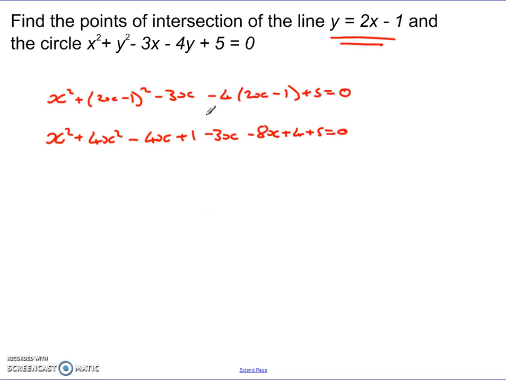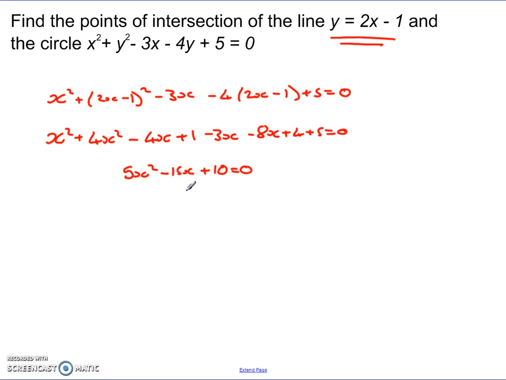Get all the terms that are the same together, so my x squares, my x's and my numbers. I get 5x squared minus 4x minus 3x minus 8x, so minus 4x minus 3x is negative 7, minus 8x is negative 15x. I've then got plus 1, plus 4, plus 5, plus 10 equals 0.